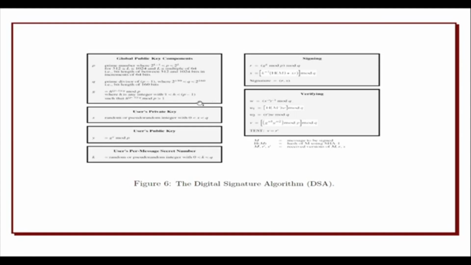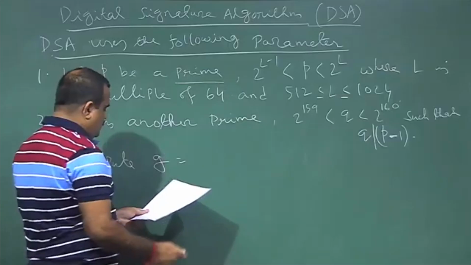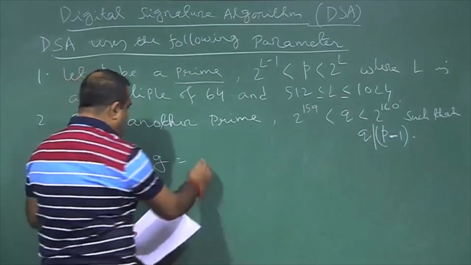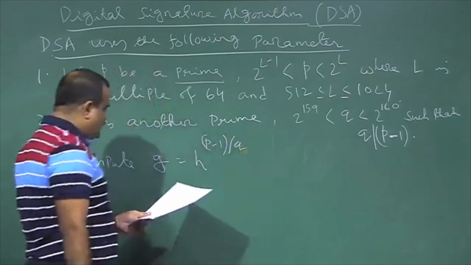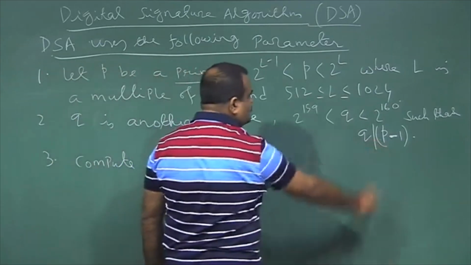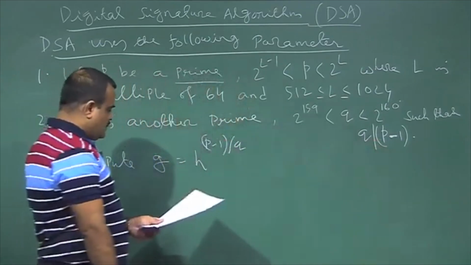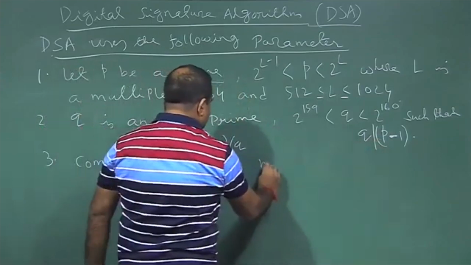We choose h to be greater than 1 and less than p minus 1. So g is calculated as h to the power p minus 1 by q. That is why we need q to divide p minus 1. This is mod p.